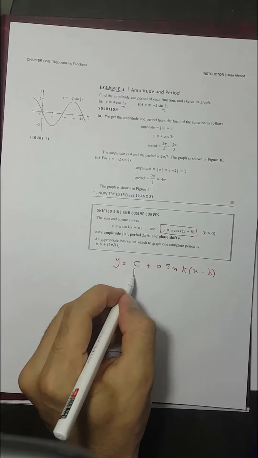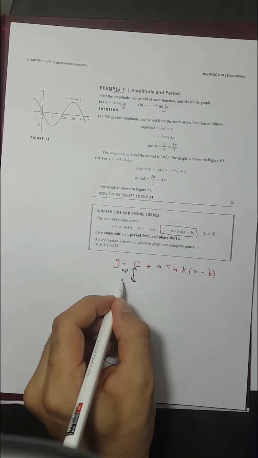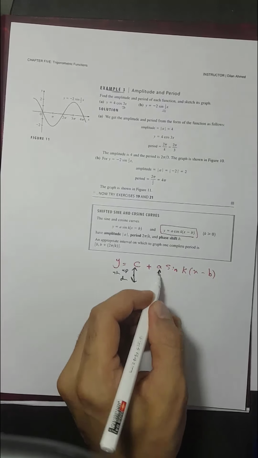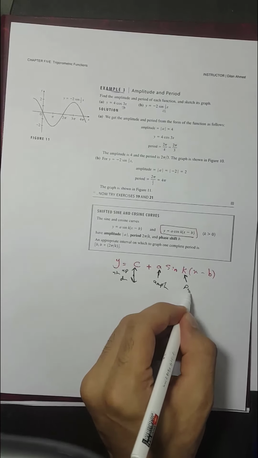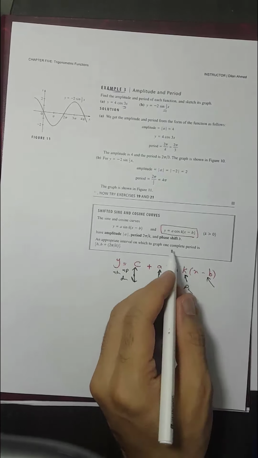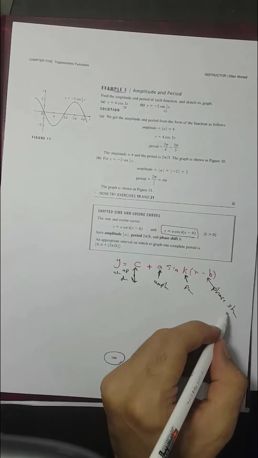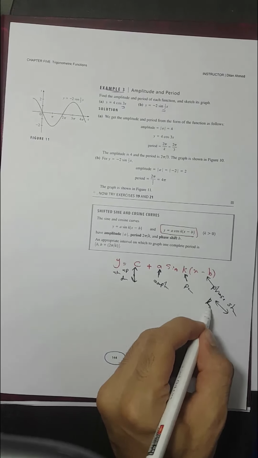This one is the up and down shift. This is amplitude, this is period, and this is what? This is the phase shift, meaning right and left.